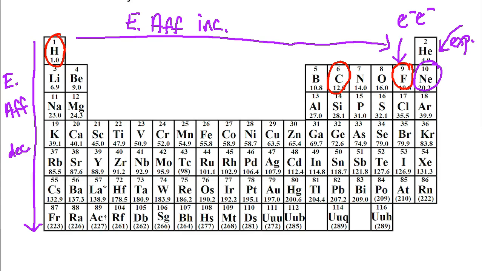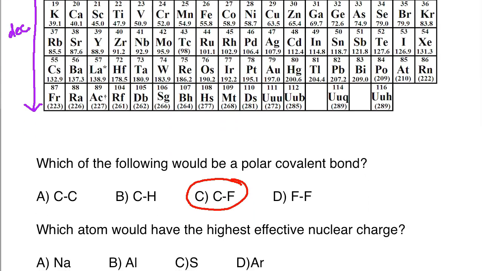So out of all of these, fluorine with fluorine, if you remember the values, it's 4.0 and 4.0. So there's no real difference there, so we're not going to call that a polar covalent bond. By the same token, we wouldn't call a carbon-carbon a polar covalent bond because those are both 2.5.